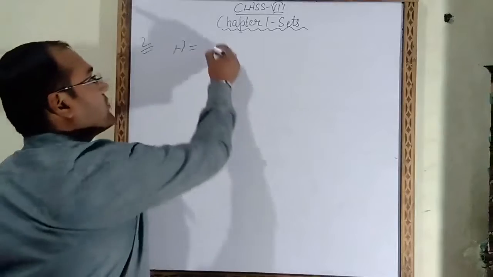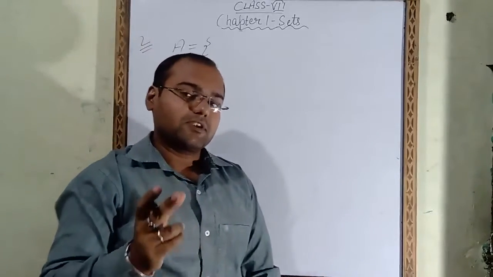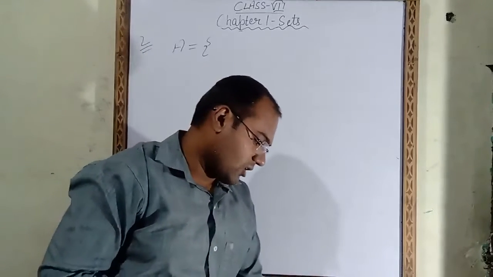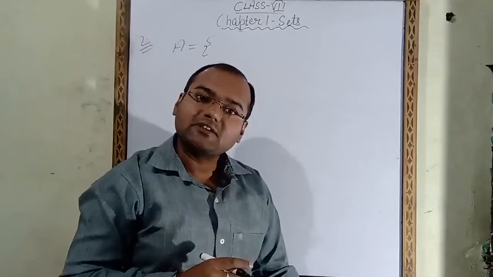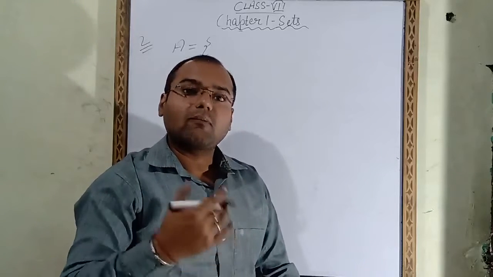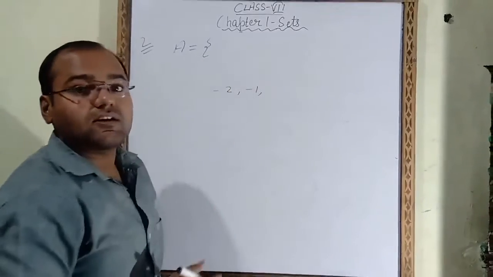We have to write whole numbers. What are whole numbers? I explained. Whole numbers are those that start from 0. He said we have to write all the whole numbers greater than -3. Greater than -3 is -2, -1. These are greater than -3.